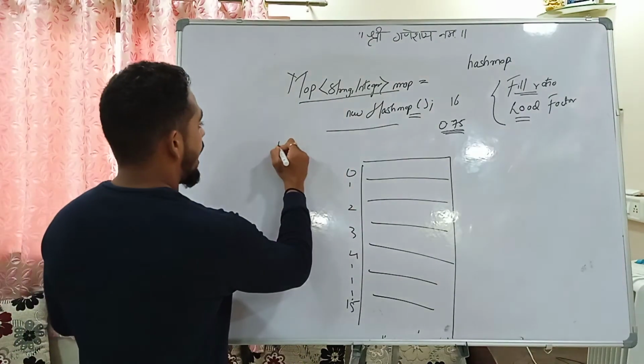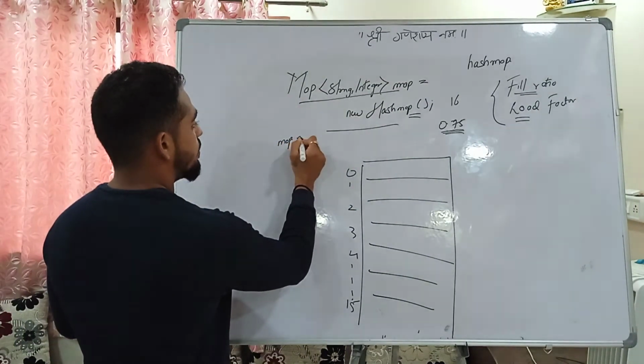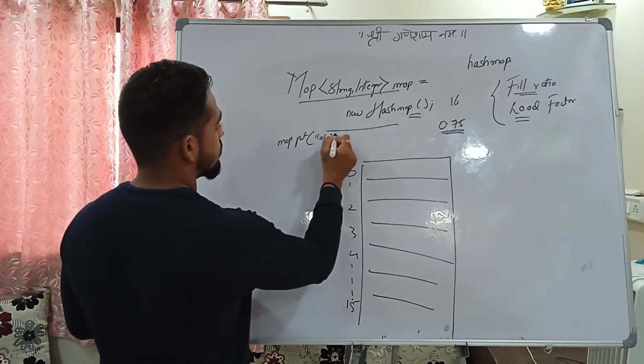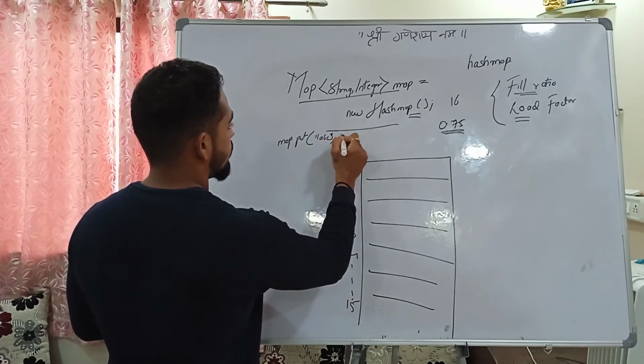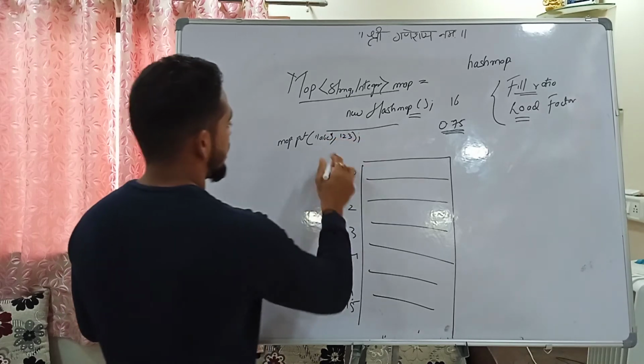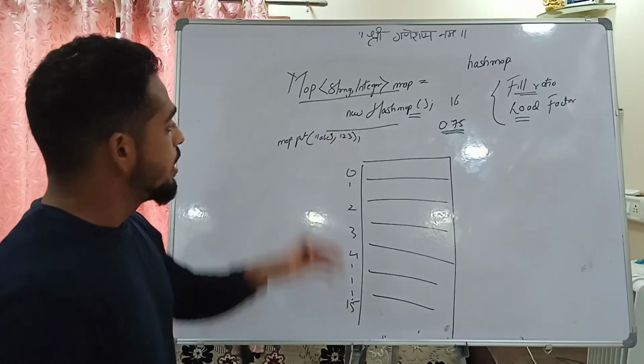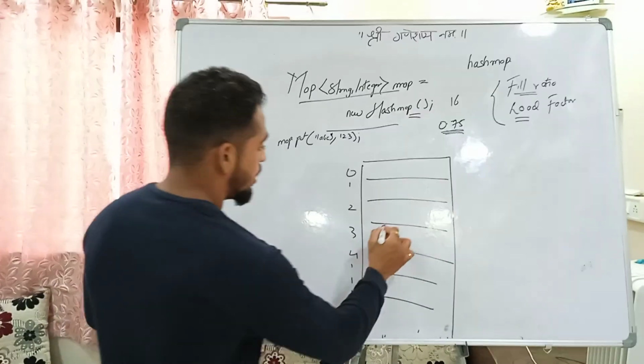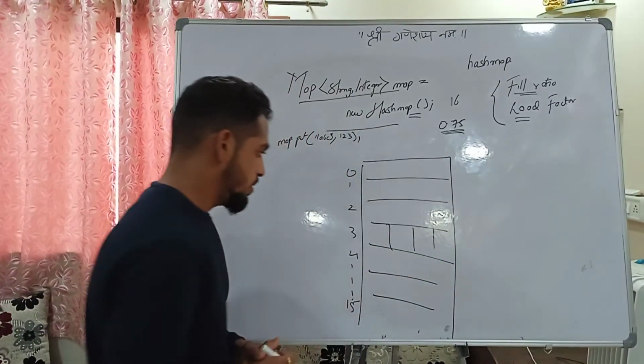Whenever we add data, again internally the hash code is calculated, the hash is computed and so on, we get some index number and at that particular index the data is stored.